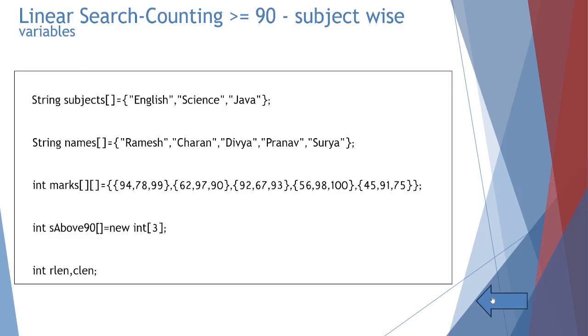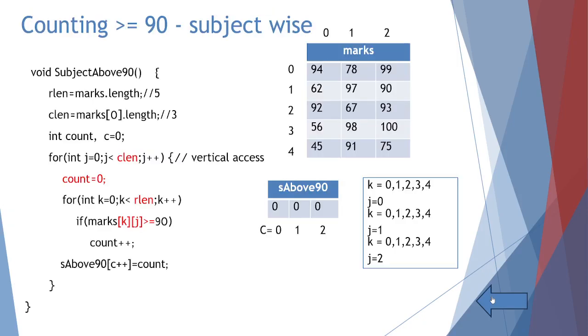Now, string subjects: English, Science, Java. Names, all 5 names. And marks is a 2-dimensional array, 5 students' marks in 3 subjects. So 5 rows, 3 columns. And then rlen, clen to access the 2-dimensional array, that is the marks array. That is, row length is 5, column length is 3.